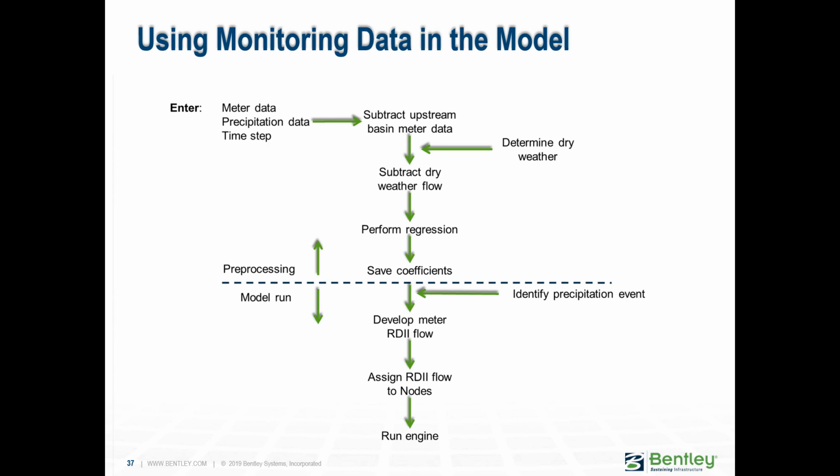This is an overview of taking monitoring data, converting it into modeling coefficients, and then using it to drive the model. So first, you need to define the data that you have to get from the field. Having all the information for the dry weather condition, you will perform a statistical calculation called regression to get all the coefficients for the dry weather period.